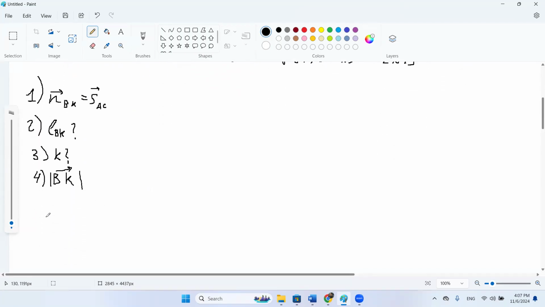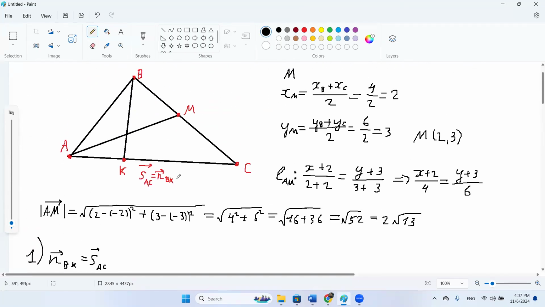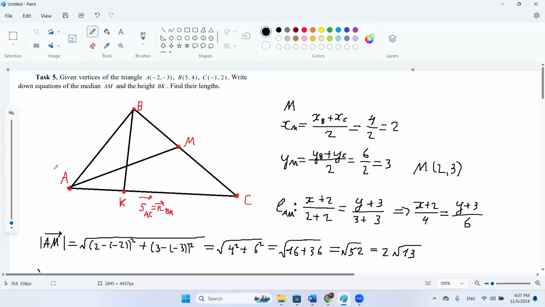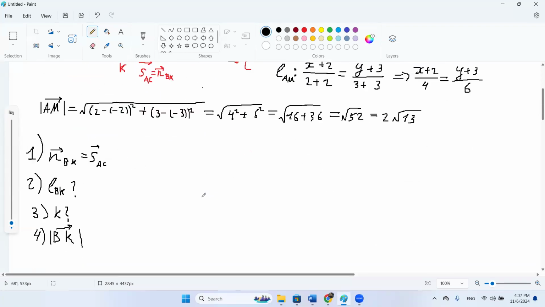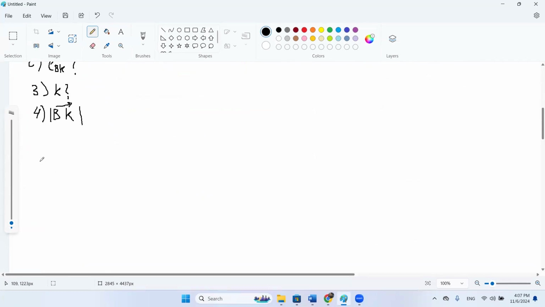Okay, let's start. So to find the normal vector of BK, let's find the direction vector of AC. We need to write the equation of the line passing through these points.